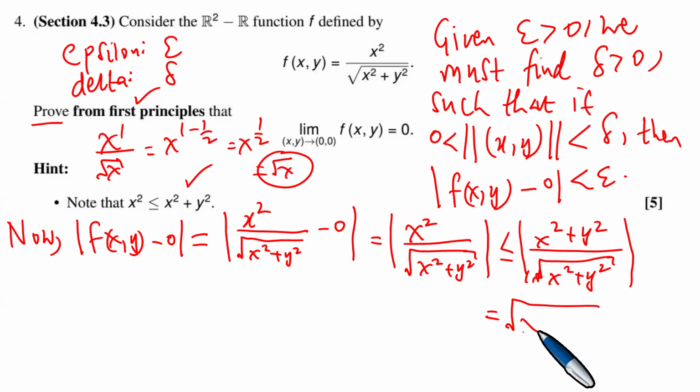So this is going to be the same as the square root of x squared plus y squared. We agree that the modulus is still there. Now, what is this?